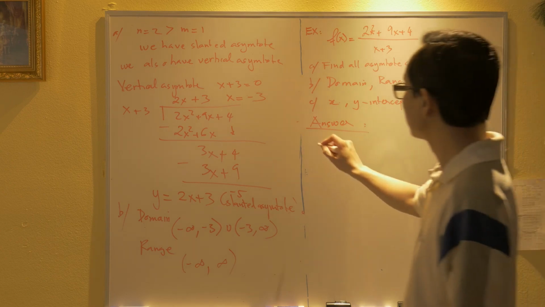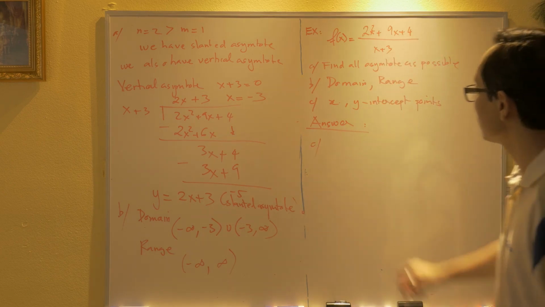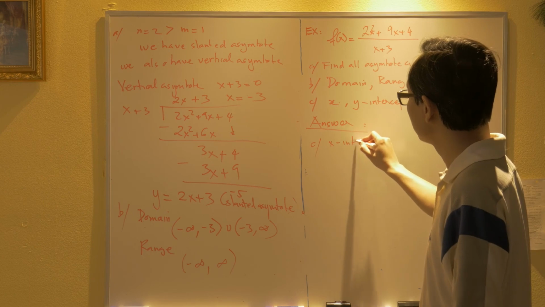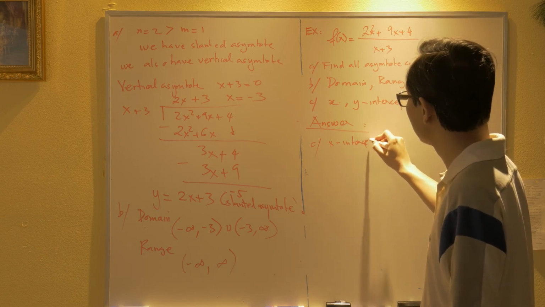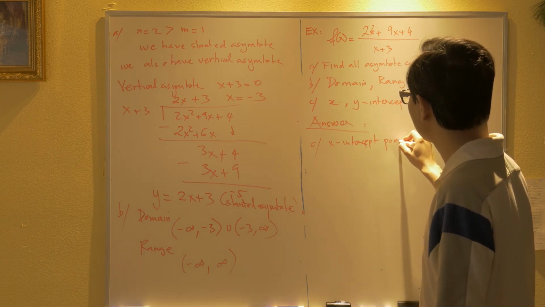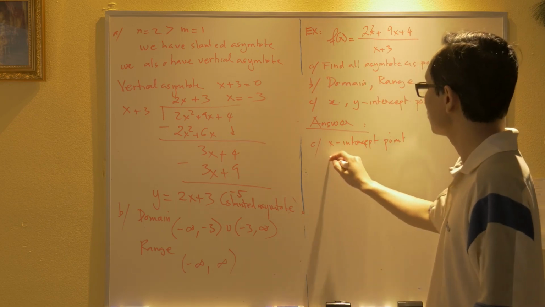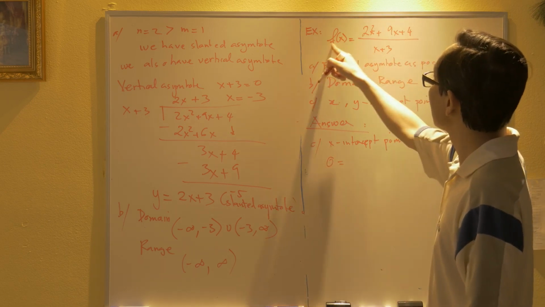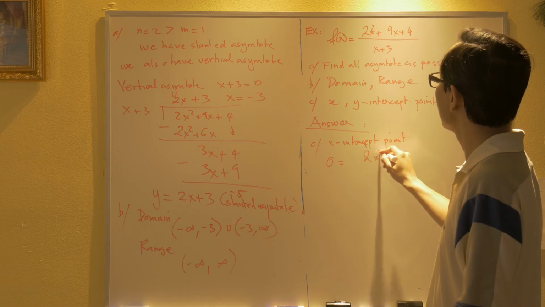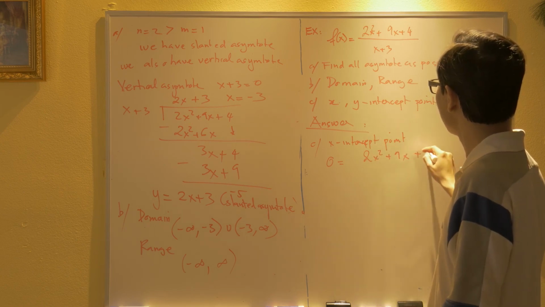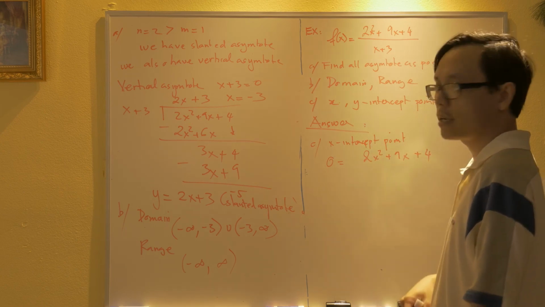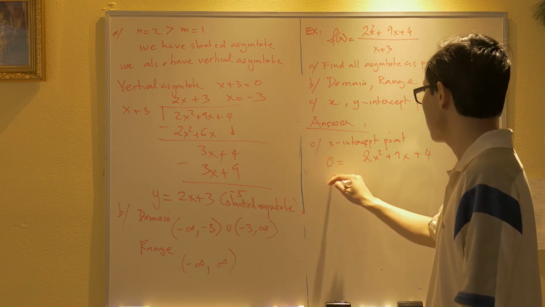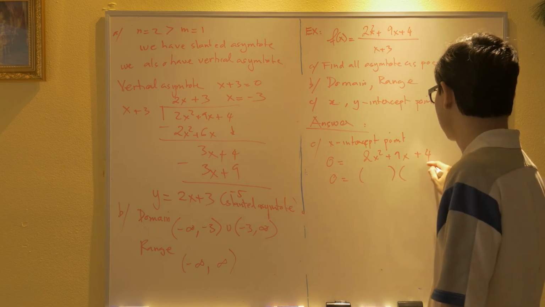Okay. X-intercept. In order to find the x-intercept point, you plug in f(x) equals 0, so you have 0 on the left. Zero times the denominator is 0, so you have 2x squared plus 9x plus 4. This is quadratic. Let's see if we can factor it.